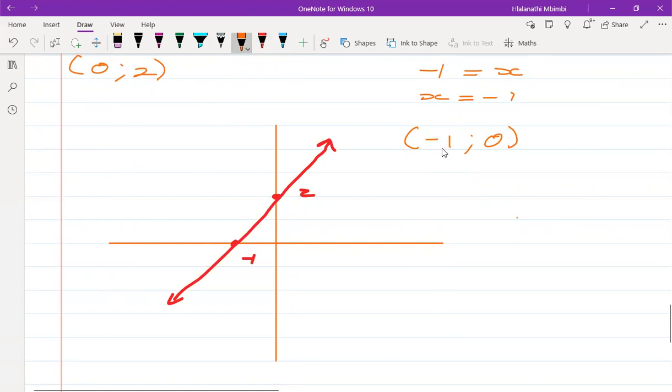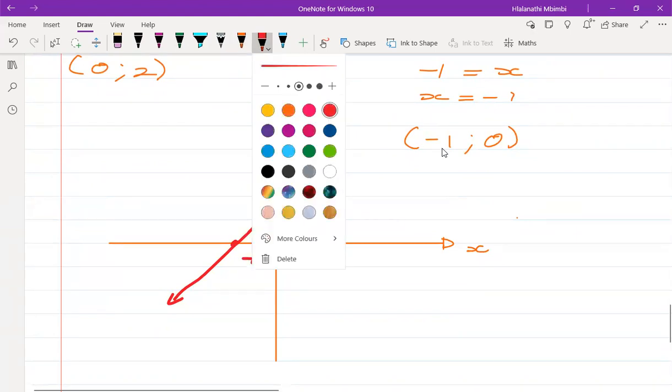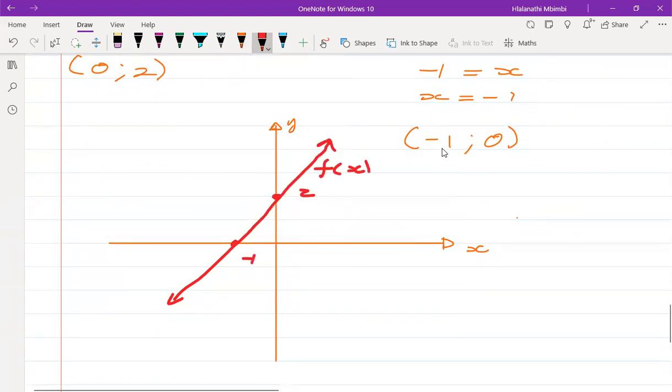But I'm very strict about you labeling your graph properly. Your y-intercept must be properly labeled. Your function must be labeled as f of x. Because from time to time, you could be drawing quite a number of functions in the same Cartesian plane. So it's important that you make sure that you do things properly.